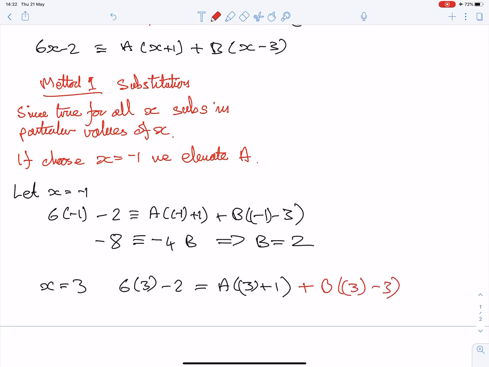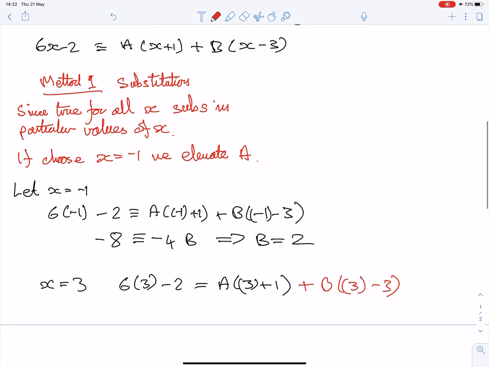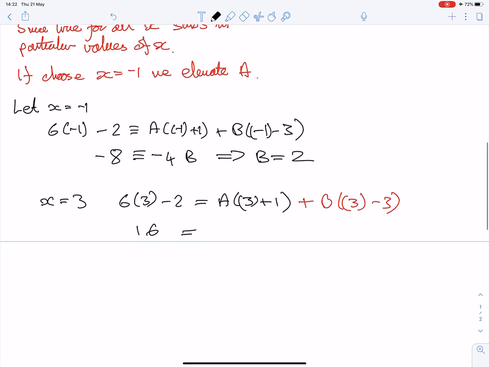That's why I've written it in red, because that's going to become 0. So we've now got 18 minus 2 is 16. So we've got 16 is equal to 4A. Therefore, A is equal to 4.